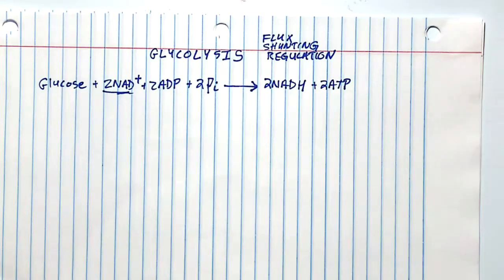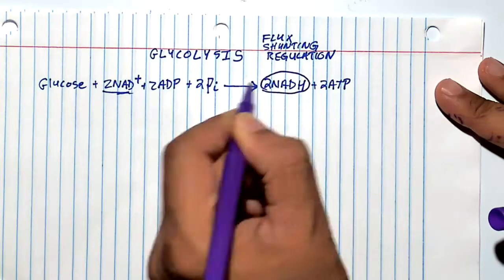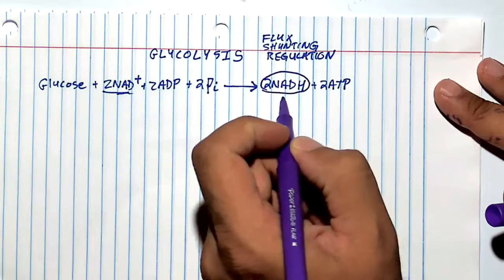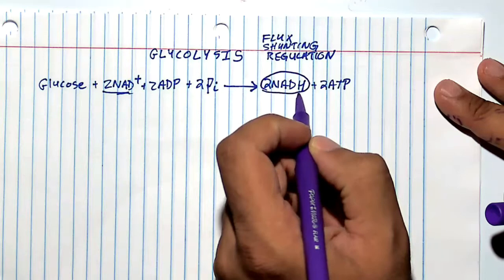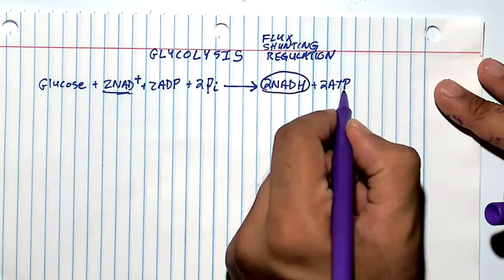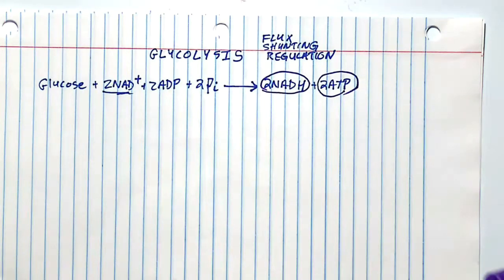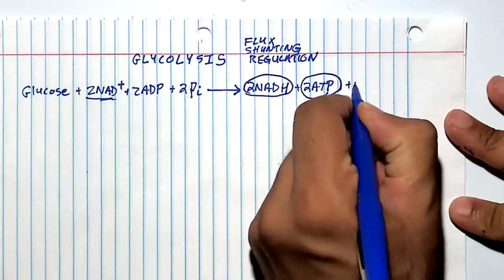Okay, any metabolic pathway that generates reducing equivalents in the form of NADH is good, because those reducing equivalents can, if it's an aerobic organism, donate those electrons, those reducing equivalents, to the electron transport chain. And obviously ATP is also good to have. And then this glucose actually goes to pyruvate.